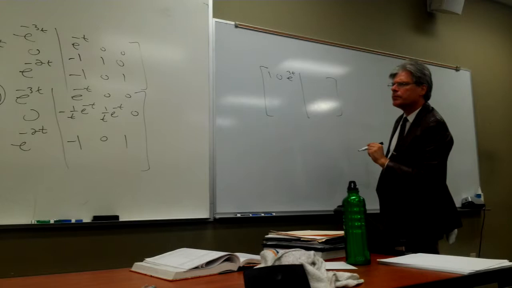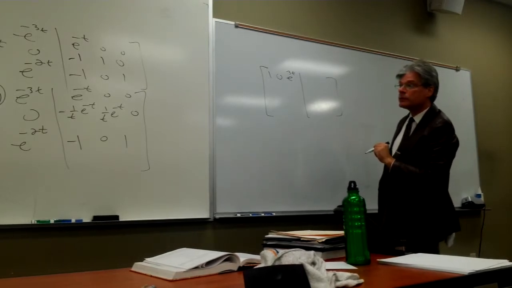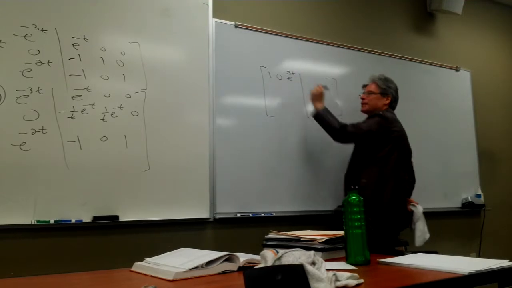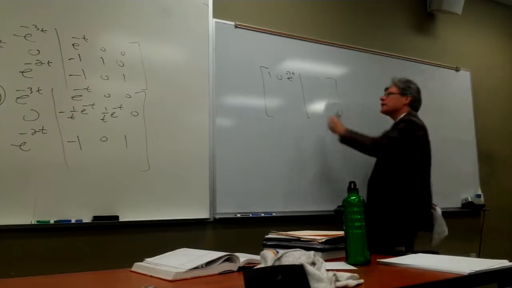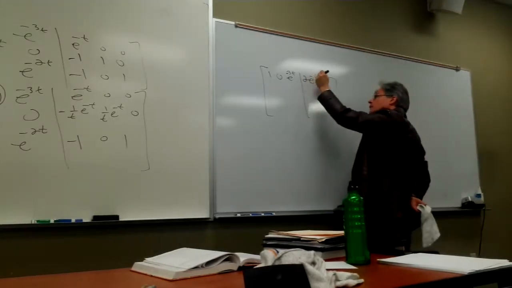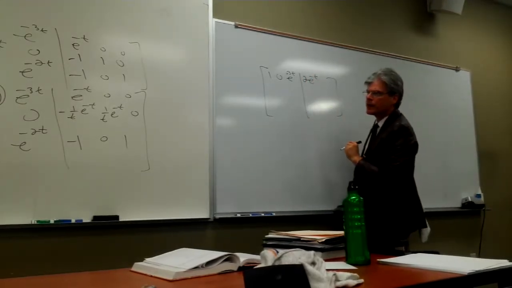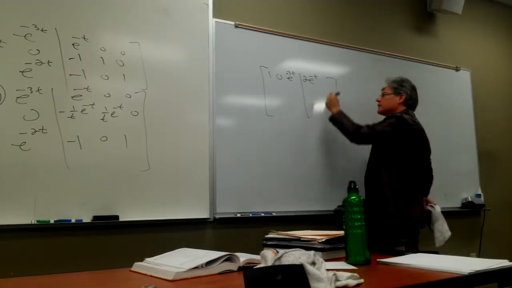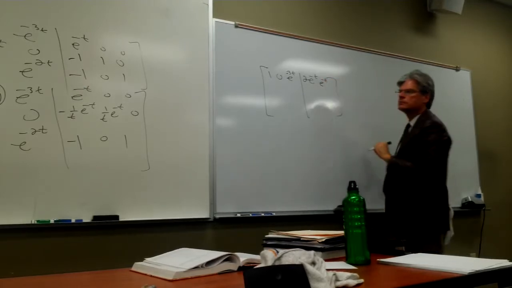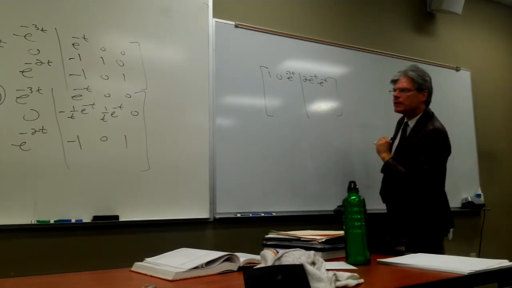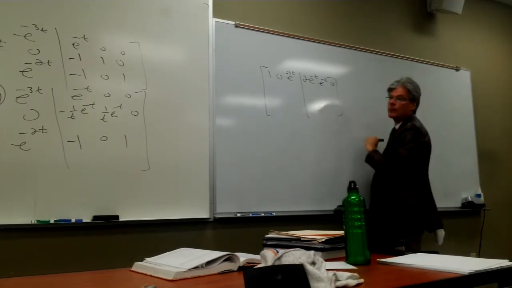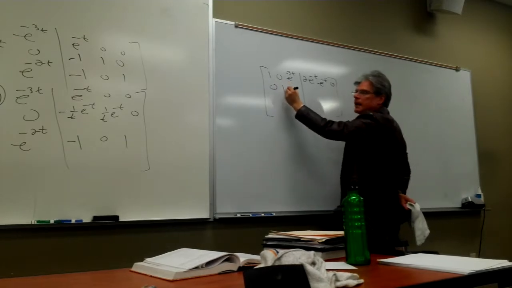Did I forget a negative? Does that give me a 2e to the negative t? And then that'll give me an e to the negative t. Actually, it's going to be negative e to the negative t. And then my 0 remains. My second row I like.